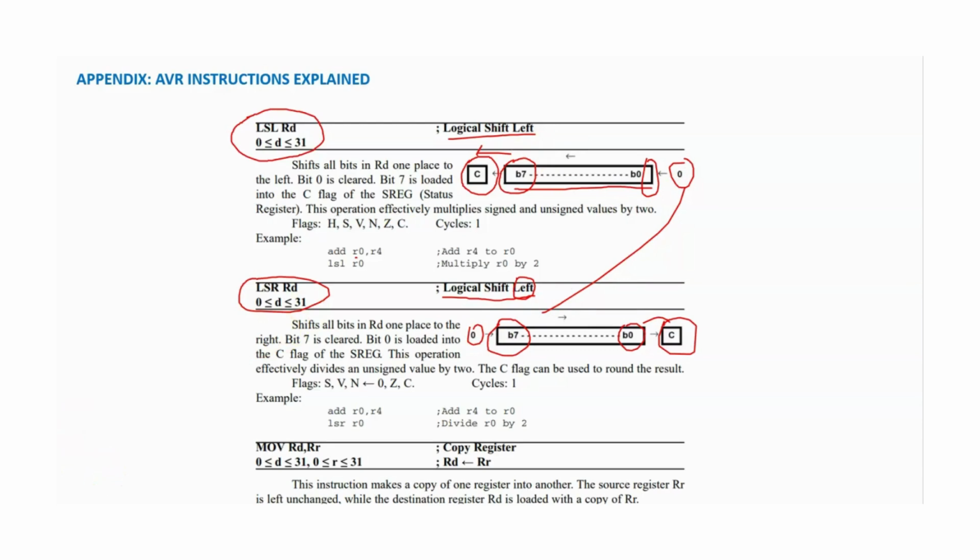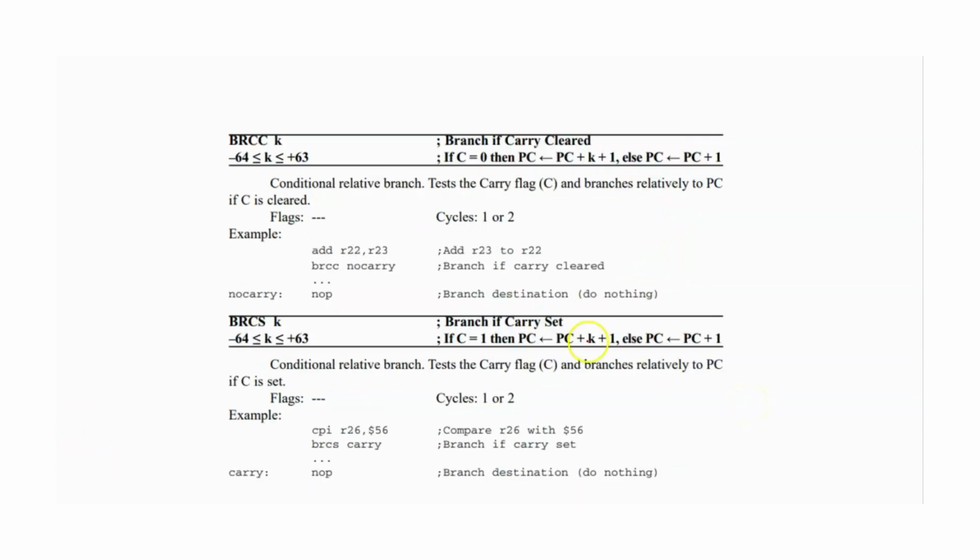The next instructions are BRCC and BRCS. Out of these two instructions, we will be using only one in this example, but the other is similar, so we discuss it here also. BRCC is the instruction which means branch if carry cleared.